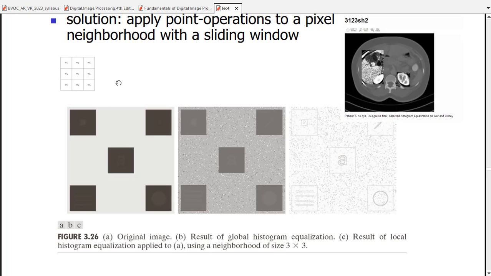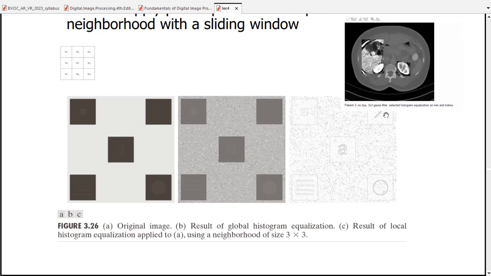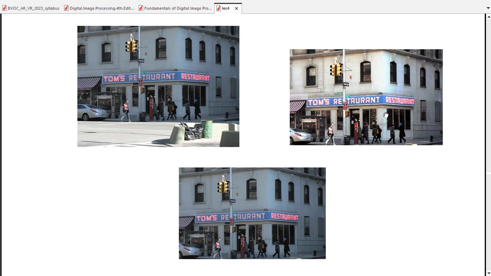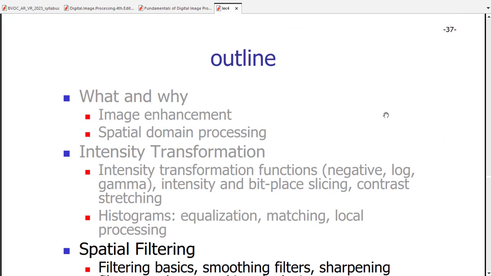So 9 window slicing with a single 3 by 3 neighborhood size. This shows the original, the result of global histogram equalization, and the result of local histogram equalization applied with a neighborhood of size 3 by 3. Histogram equalization is not always desirable; it depends on the particular image.